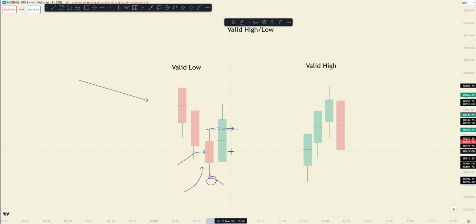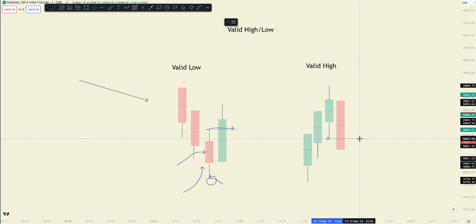Very, very simple, but a lot of people will miss that. And we're going to go through some examples later on in this video of everything all at one time. How is a valid high established? Well, it's just the opposite of a valid low. A valid high is established when we close below the bullish candle that puts in the high. So again, how is it established?